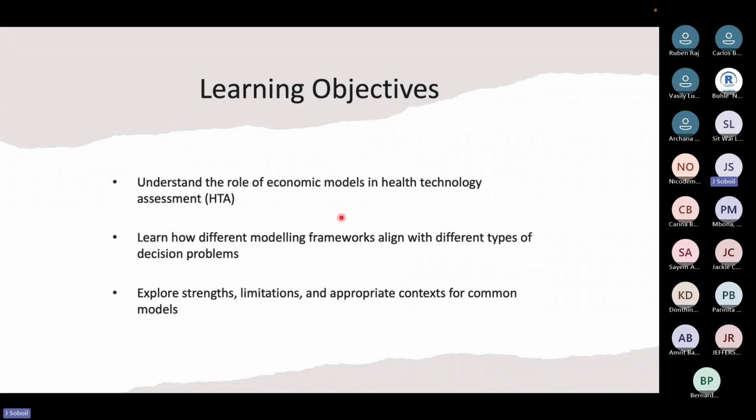So the overall objectives of this presentation is to understand the role of economic models in HTA. Then we'll briefly discuss different modeling frameworks and how they align with different decision problems, and also briefly explore the strengths, limitations, and the appropriateness of these models for different contexts.